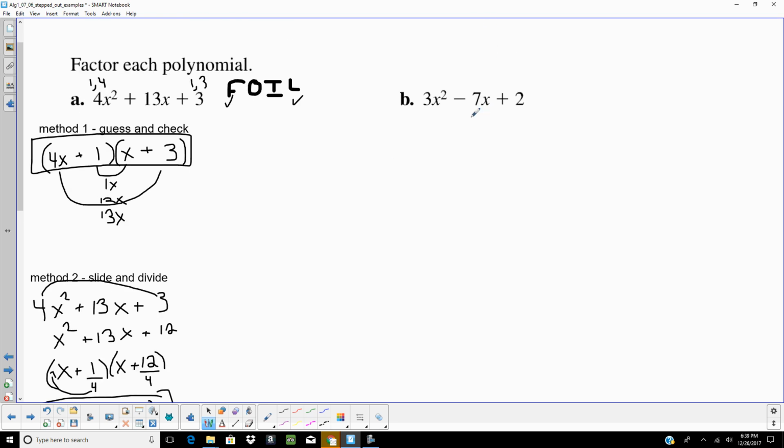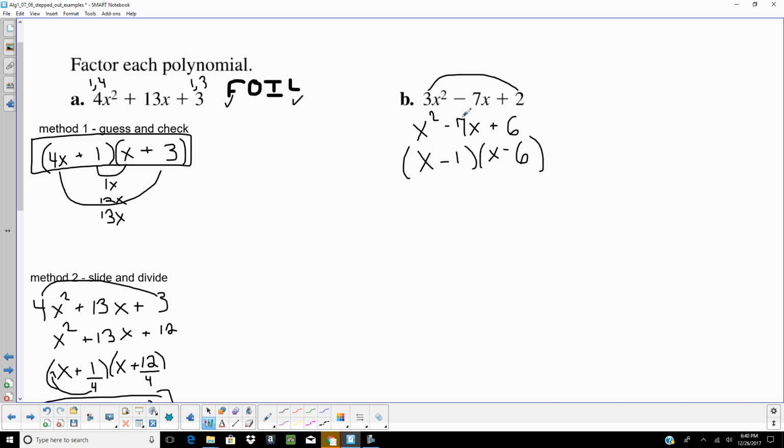Let's go ahead and try this one. Let's just go with the slide and divide on this one. 3 times 2 is 6. So I'm going to think of that as x squared minus 7x plus 6. I'm going to go ahead and factor that. Look for two numbers that multiply to 6, add to negative 7. x minus 1 and x minus 6.